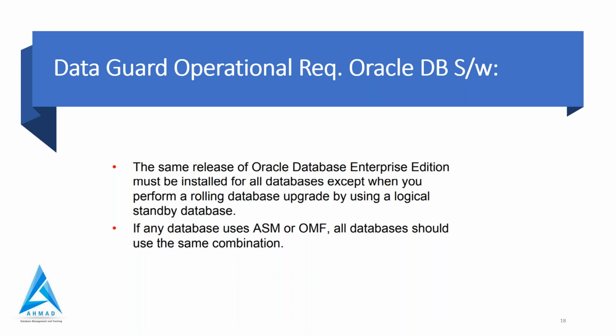And if you use ASM and OMF features in the DataGuard configuration, then you should use ASM and OMF on both the primary and standby database. If you are using any one, then you should use the same on both sides. That is the requirement.